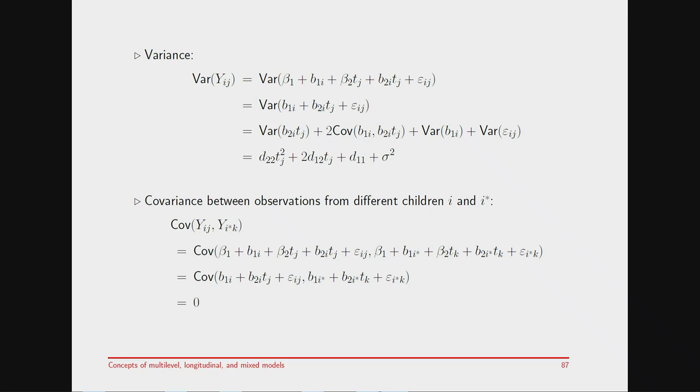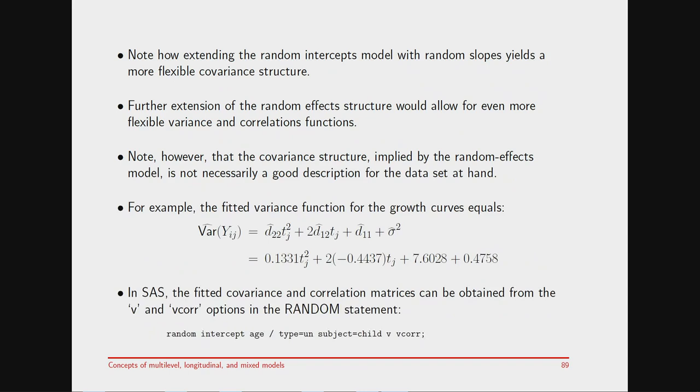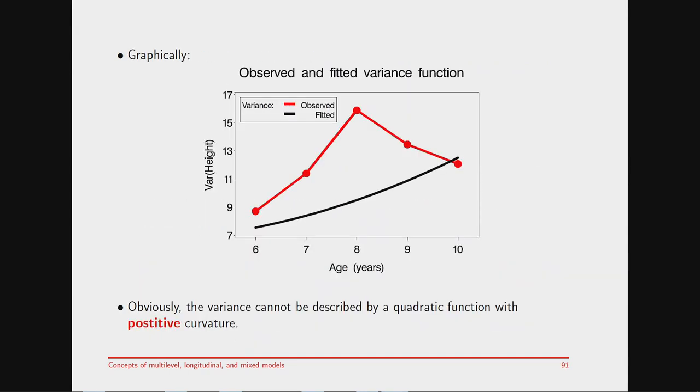A variance cannot be negative. But that's for next year, okay? So the bottom line is that the model is more flexible, yes, but it's definitely not flexible enough yet.